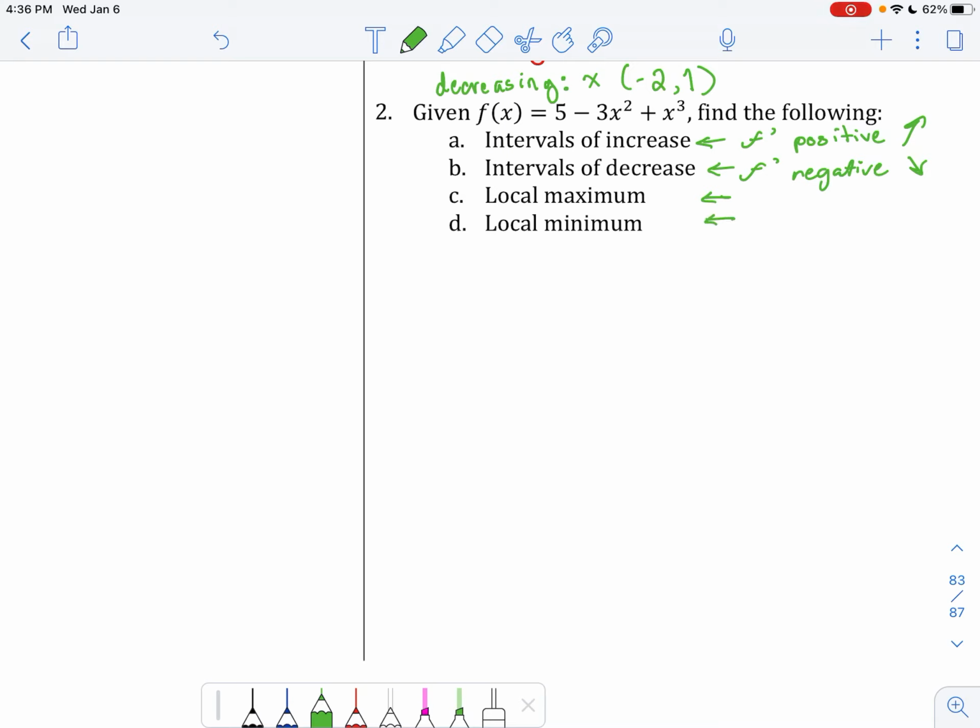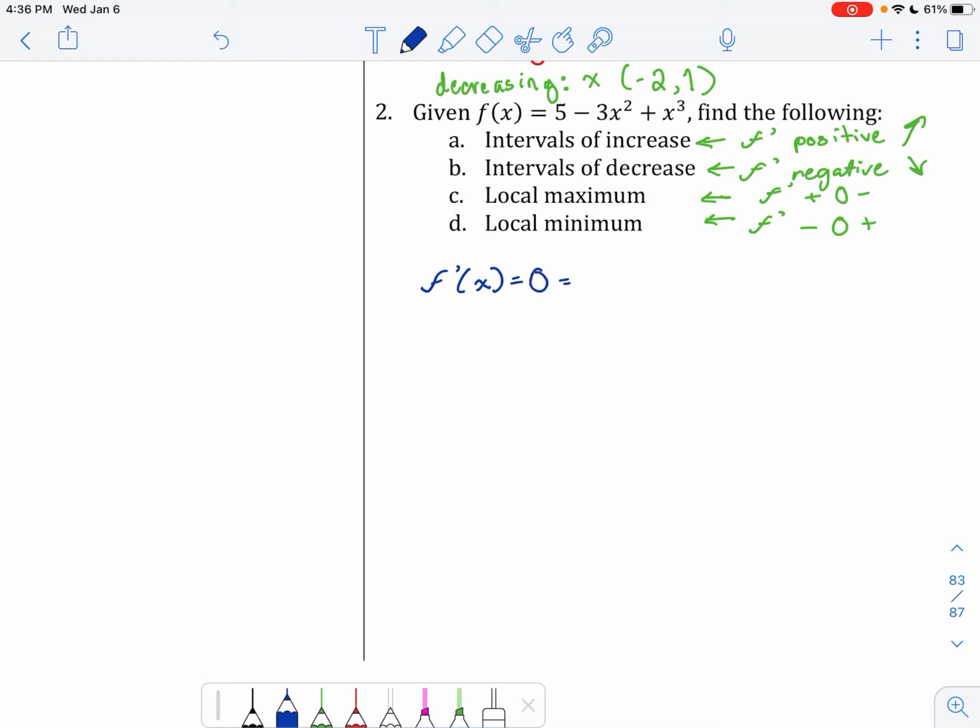Just to recall from last week, local maximum means that f prime is going from positive, there's a point at 0, and then it's negative, and the minimum is where it's negative to positive. So the first thing that we want to do is start with the critical points. Remember, that is where f prime of x is equal to 0.